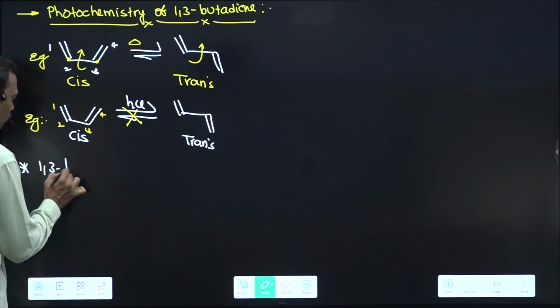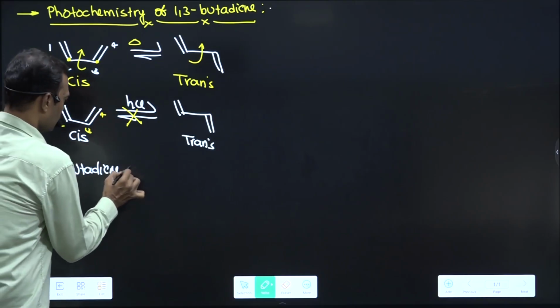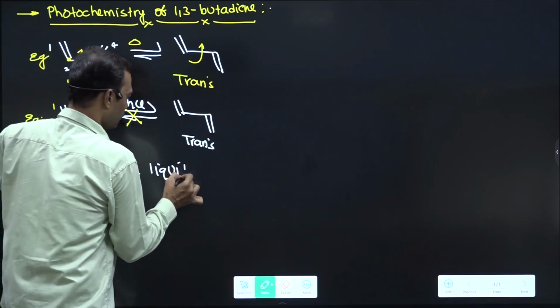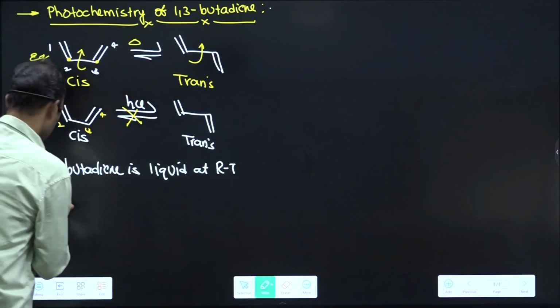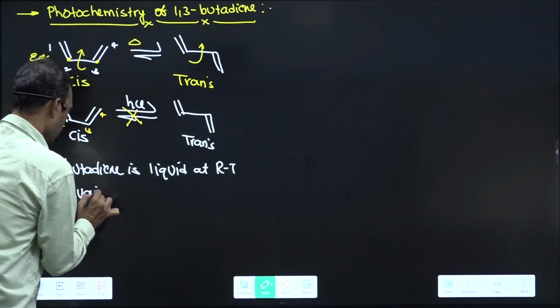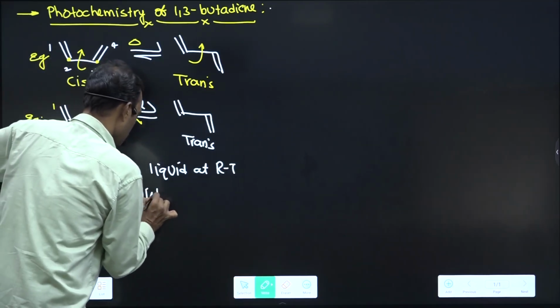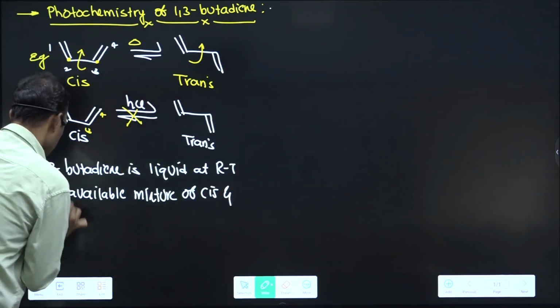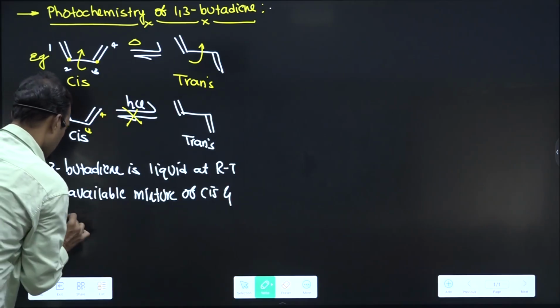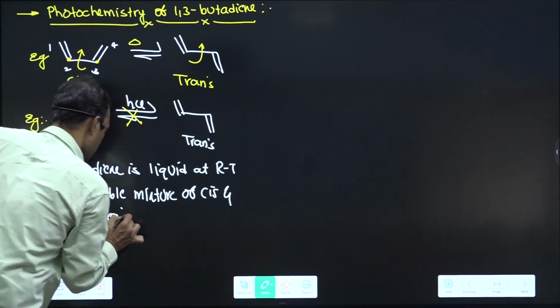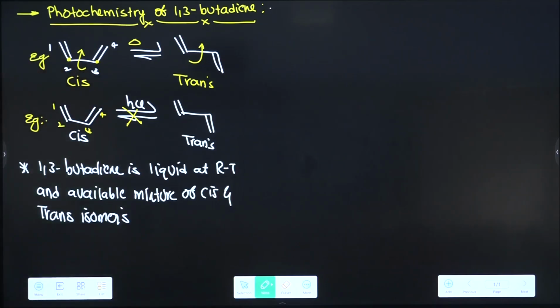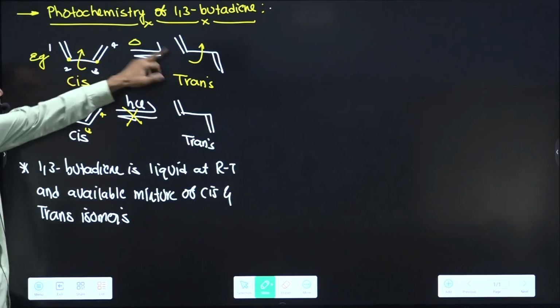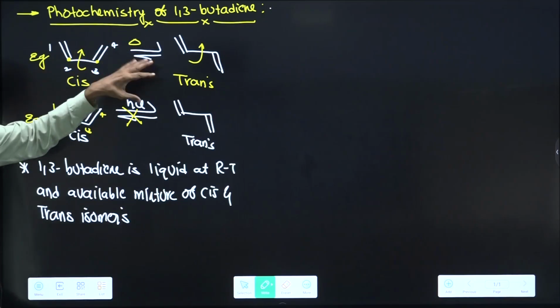Right. 1,3 butadiene is a liquid at room temperature and is available as a mixture of cis and trans isomers. 1,3 butadiene is a liquid at room temperature and we can have a mixture of cis and trans at equilibrium, at room temperature.